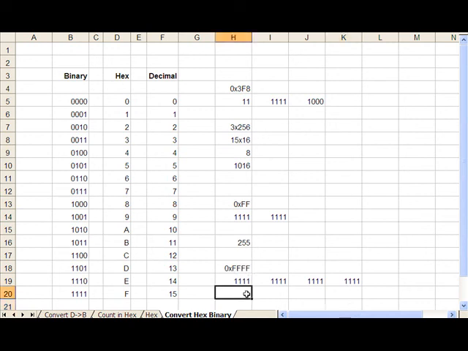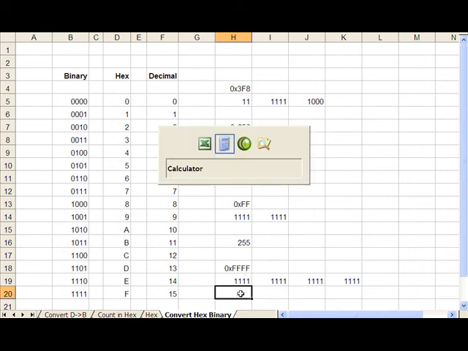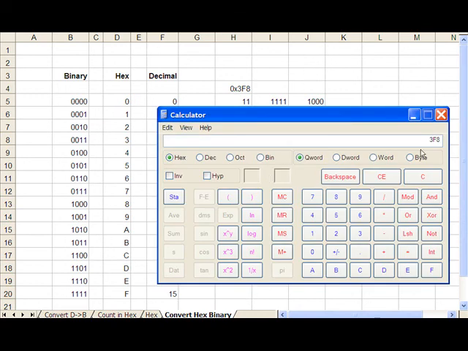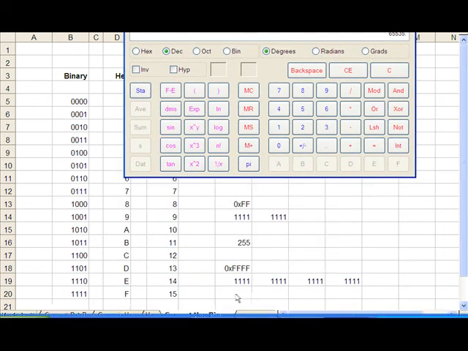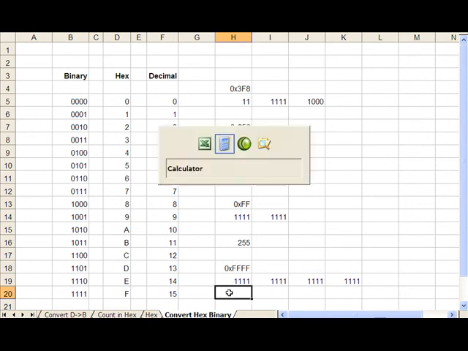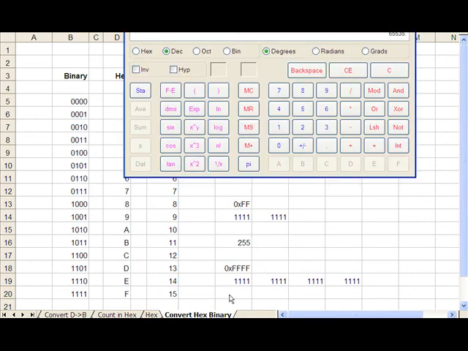Now, what is that decimal number? It isn't obvious from this, and converting it would be really quite tedious as it starts to get longer. So let's bring up the calculator and say in hex we have FFFF and convert that to decimal. And this is another one of the magic numbers in computing, 65,535.